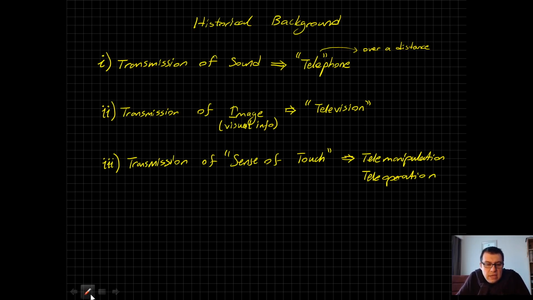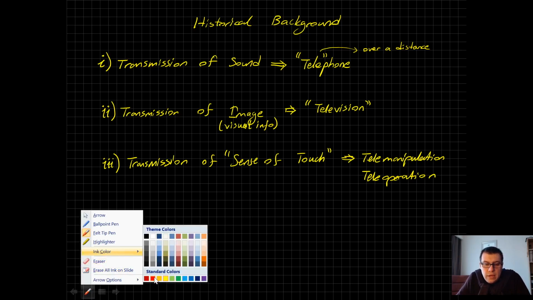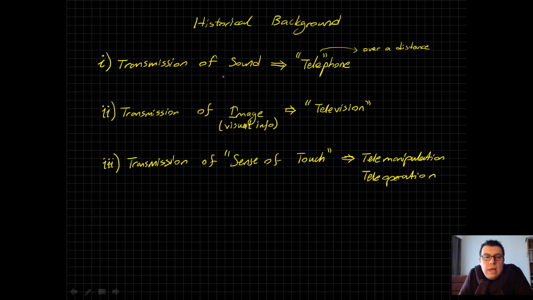But there is a slight difference between the first two and the last one. What happens here in the telephone? There is a microphone here. You speak to the microphone, sound signal comes, and this is converted to some electrical signals being transmitted to the remote site, and through a speaker here it's being reconstructed.